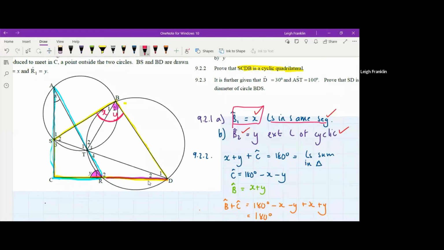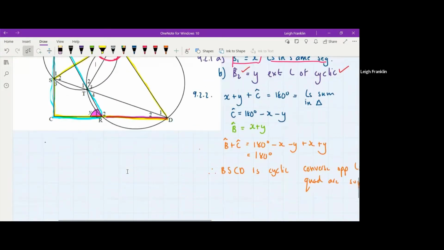We know that the opposite angles of a cyclic quad add up to 180, and we also know that the angles of a triangle add up to 180. So let me make a statement here.